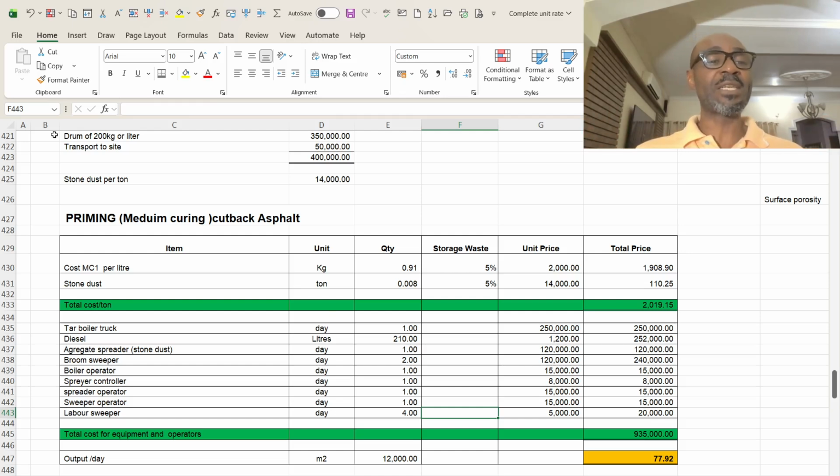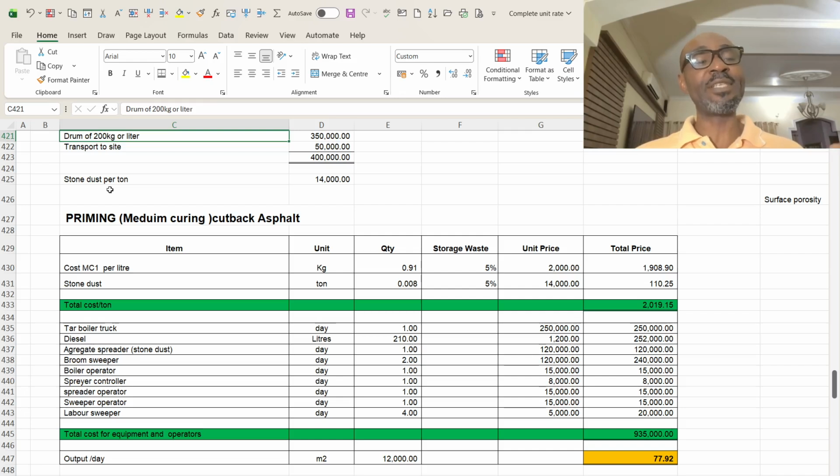As you can see on my screen, where my cursor is placed, it reads the cost of a 200 kg drum of MC1 in the market is 350,000. Then I made a provision for transporting it from the market to the place of use, the yard, say 50,000.